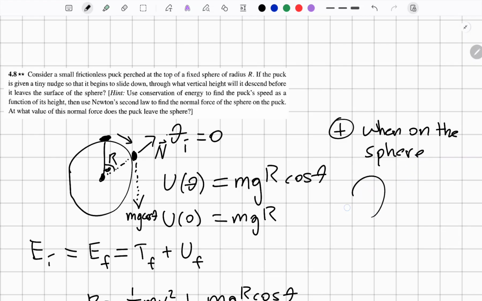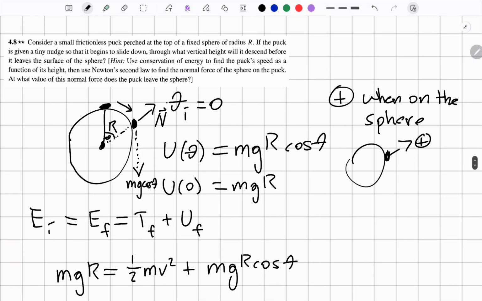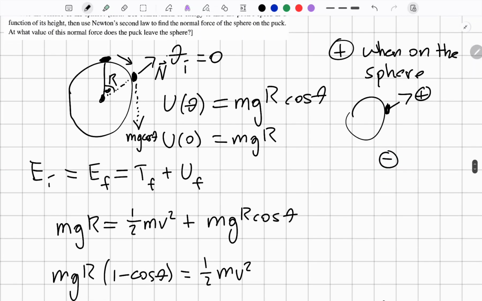As soon as the puck leaves the sphere, for an instant in time we're going to have a zero normal force between leaving, and the normal force will reverse and become a negative normal force.